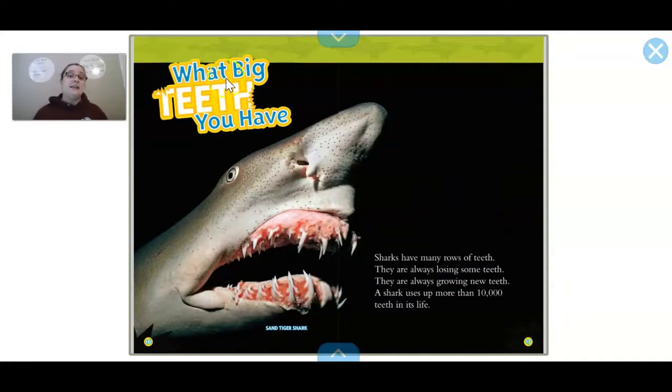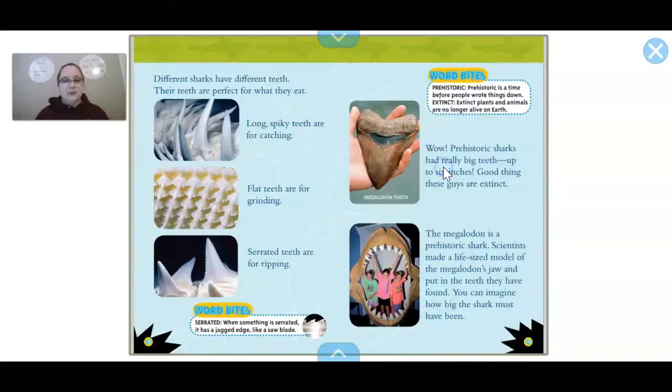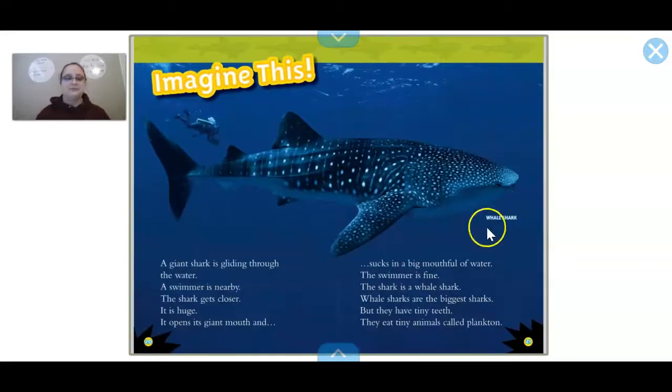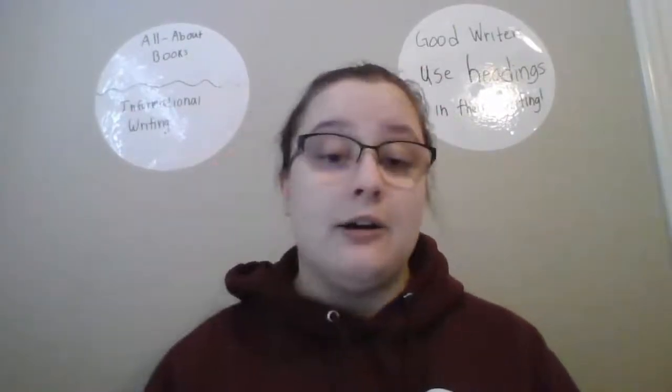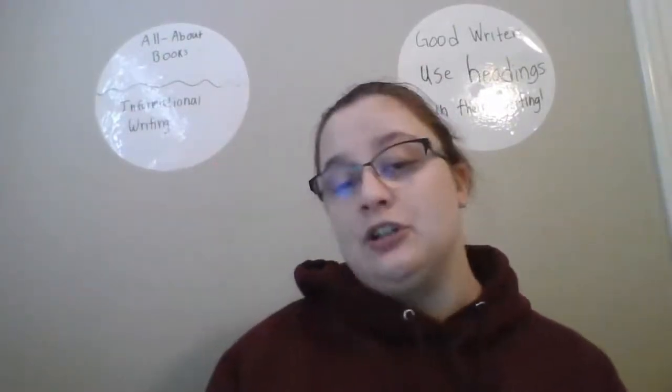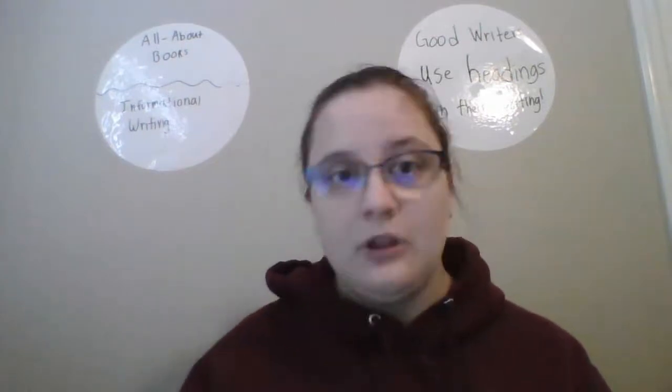This next heading says what big teeth you have. So we can infer based off this heading that this next section is going to be all about shark teeth. So those are just a few examples of headings in a nonfiction all about book.